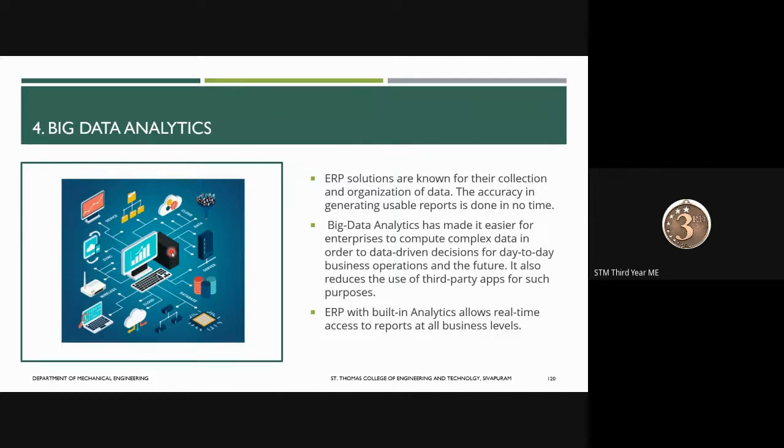The problem of implementing ERP is the time it takes to implement, right? So once the data is sorted and compiled and implemented into that ERP system, then we can obviously implement the complete ERP system across the whole industry. Okay, so that is what is done under big data analytics.